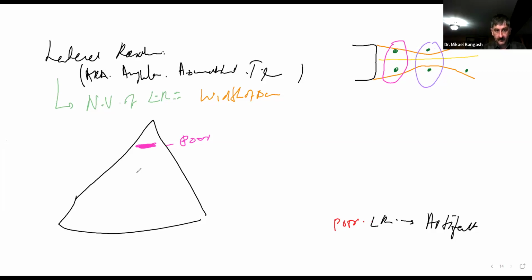So these two reflectors here are going to appear as two clearly distinguished reflectors. Whereas this one here is still an example of a poor lateral resolution. These two reflectors here are going to appear as one, not distinguished from one another.